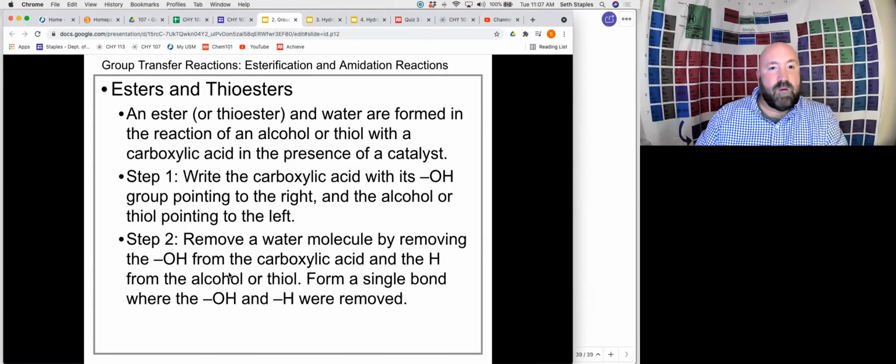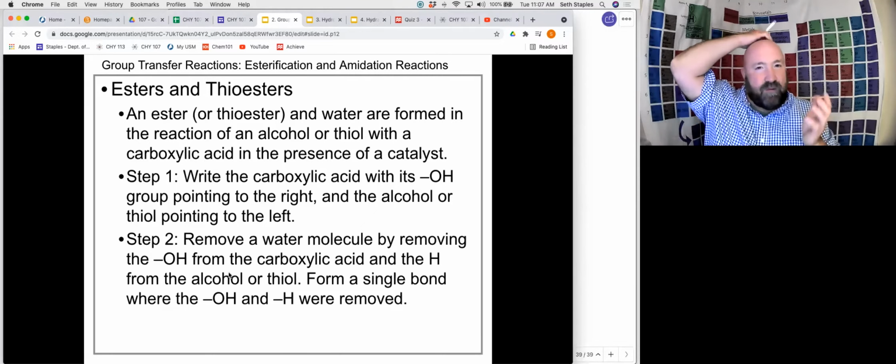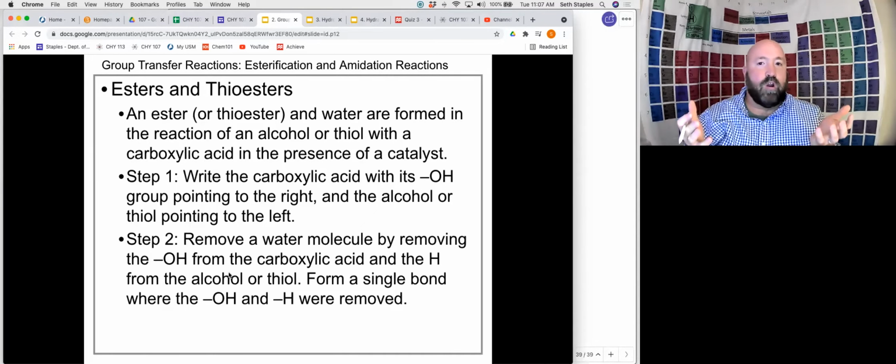So when we're looking at the steps of these reactions and how we would actually write them, remember an ester or a thioester are formed in the reaction of an alcohol or a thiol with a carboxylic acid. And there would have to be some sort of catalyst present, something to help the reaction to occur.